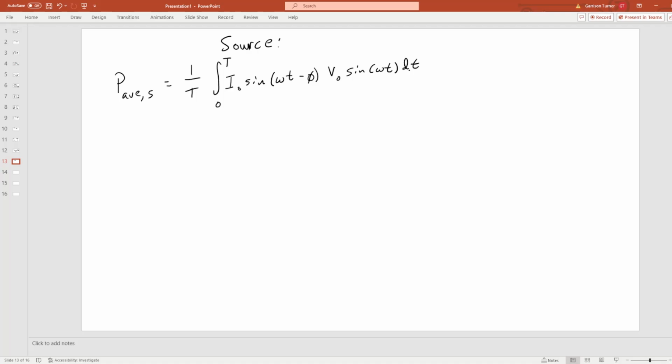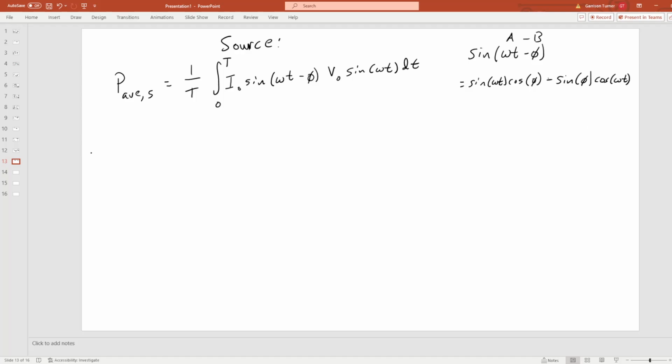Okay, so our time average is going to be this integral, but we're going to use a trig identity that says sine of A minus B is equal to sine A times cosine B minus sine B times cosine A. So this is your sine omega t times cosine of phi minus sine of phi times cosine of omega t. Okay?